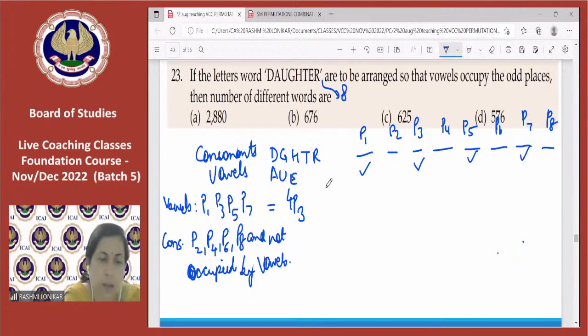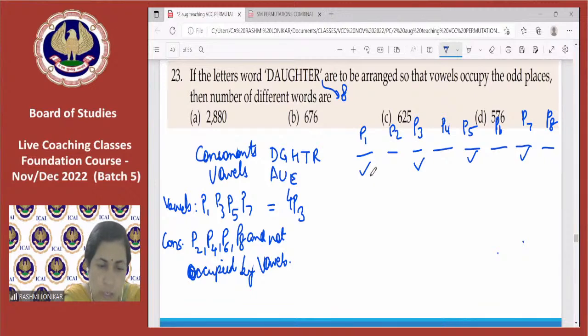Because out of these 4 places, 3 places have already been occupied by the vowels. So what are the remaining places? Only 1 place remains for the consonant.